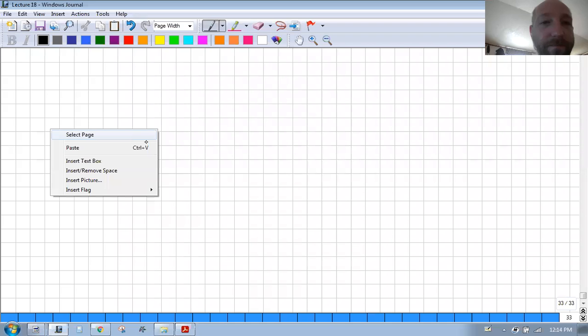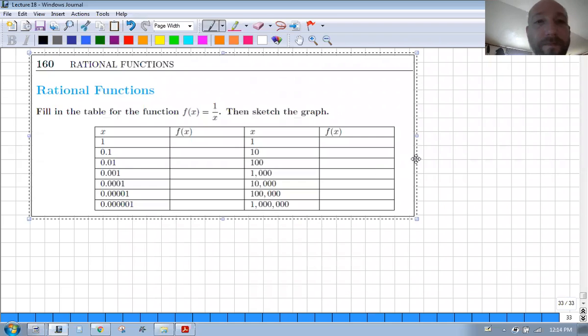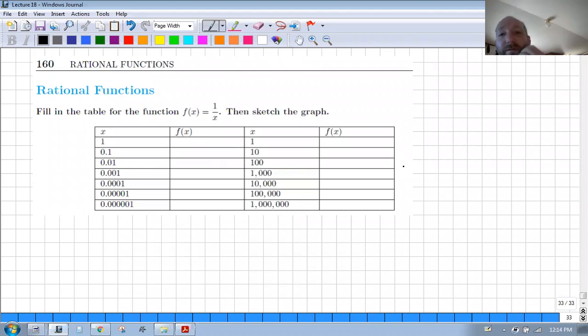All right, rational functions. Fill in the table for the function of 1 over x, then sketch the graph. So 1 over 1 is 1, 1 over 0.1 is 10, 1 over 0.01 is 100, 0.001, 1,000. I think you get the drift here.